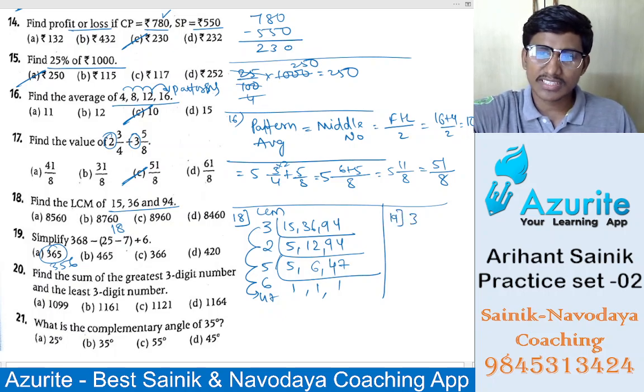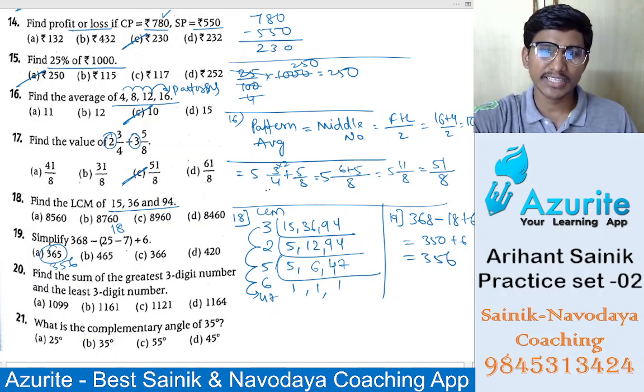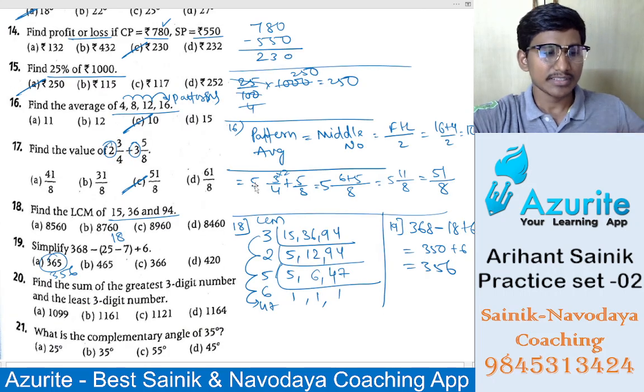So 368 minus how much? 18 plus 6. So 368 minus 18 is 350, plus 6 is 356, the answer. Okay, change the option A. Make it 356. Okay, got it?